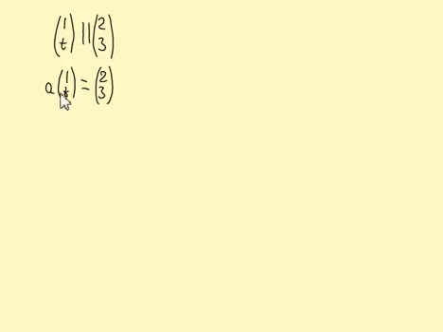Now if we multiply a vector by a scalar, the result is a vector whose coordinates we obtain by multiplying each coordinate by the scalar a.